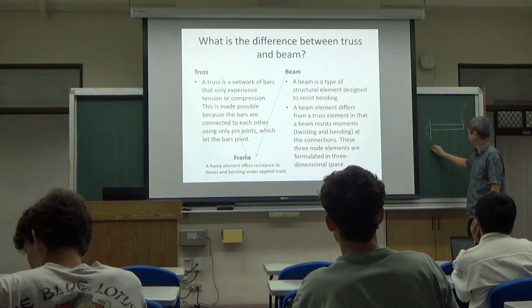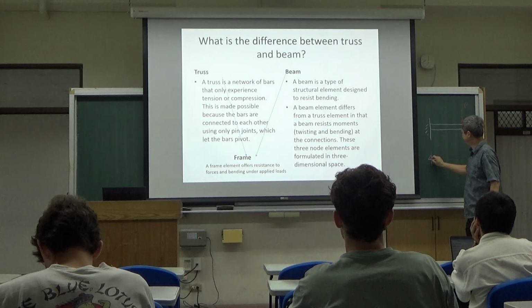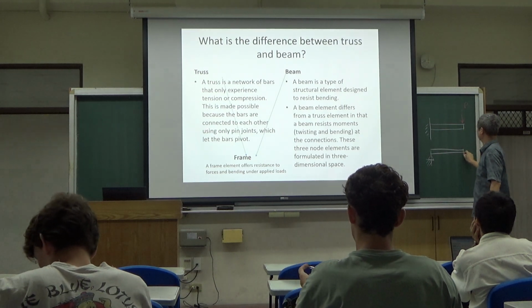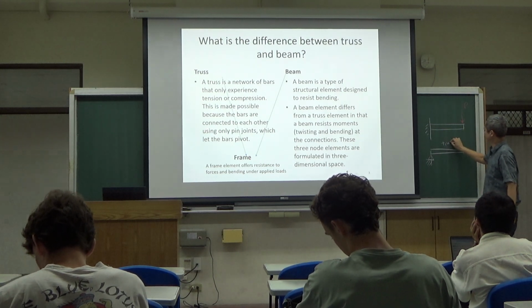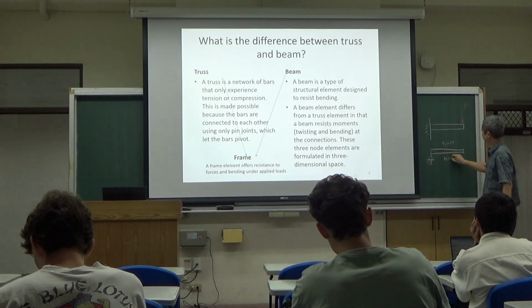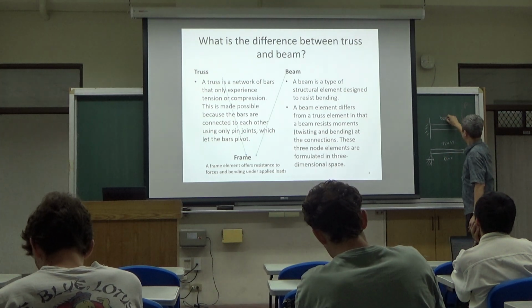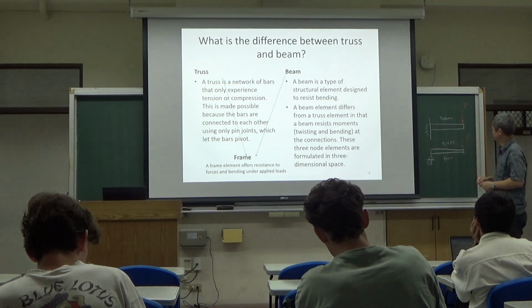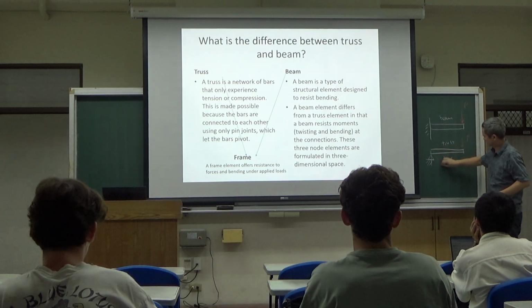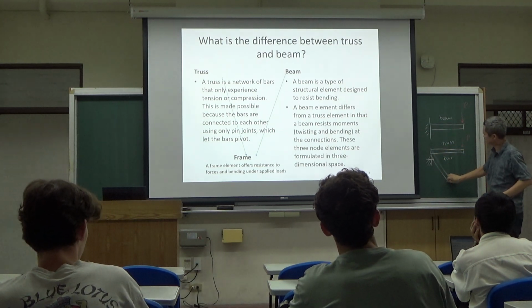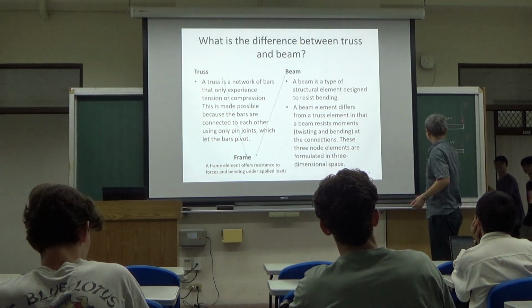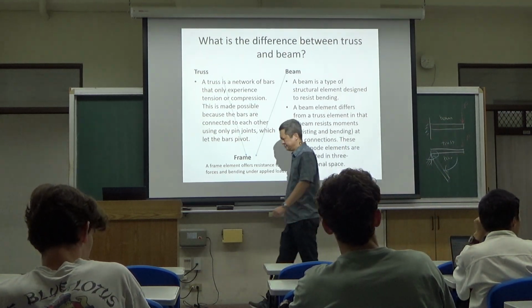On the other hand, if you have a pin support, this itself is a truss or a bar. It cannot support any vertical loading. So it will simply collapse down because of the rotation about the pin support.